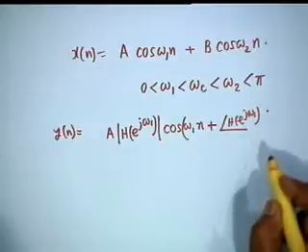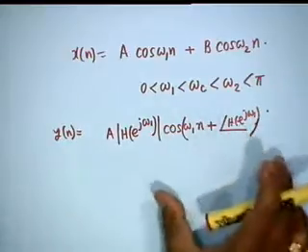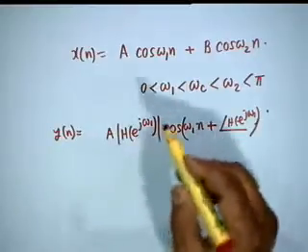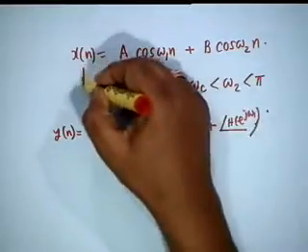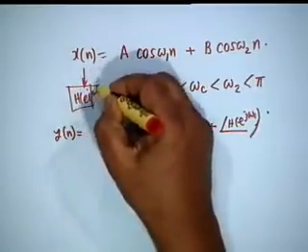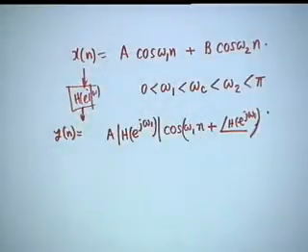You see how we are writing the response? All we have to do is to find the frequency response of the system, capital H of e to the j omega, then the output we can write directly.